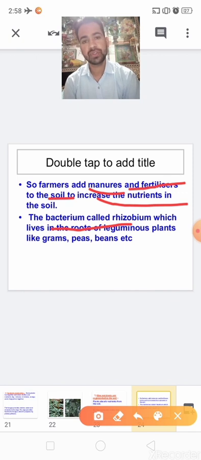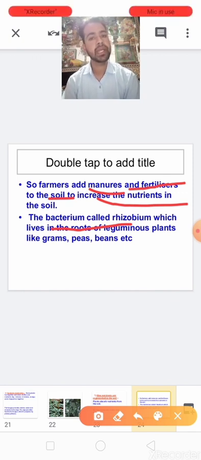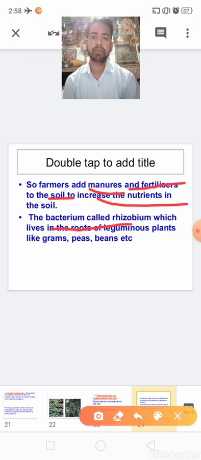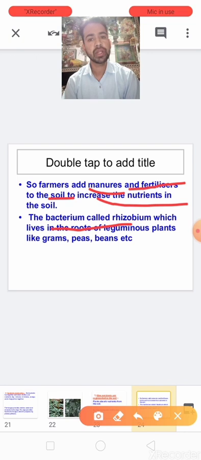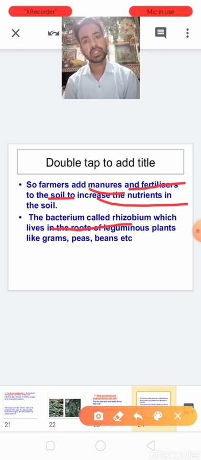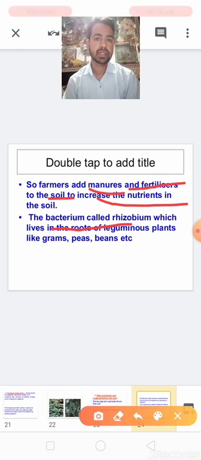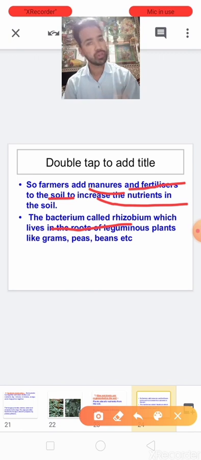Clear? The first one is natural, in which the bacteria play a very important role. Bacteria fix the atmospheric nitrogen, convert it into usable nitrogen and give it to the soil. In this way, the soil replenishes or restores its nutrients.